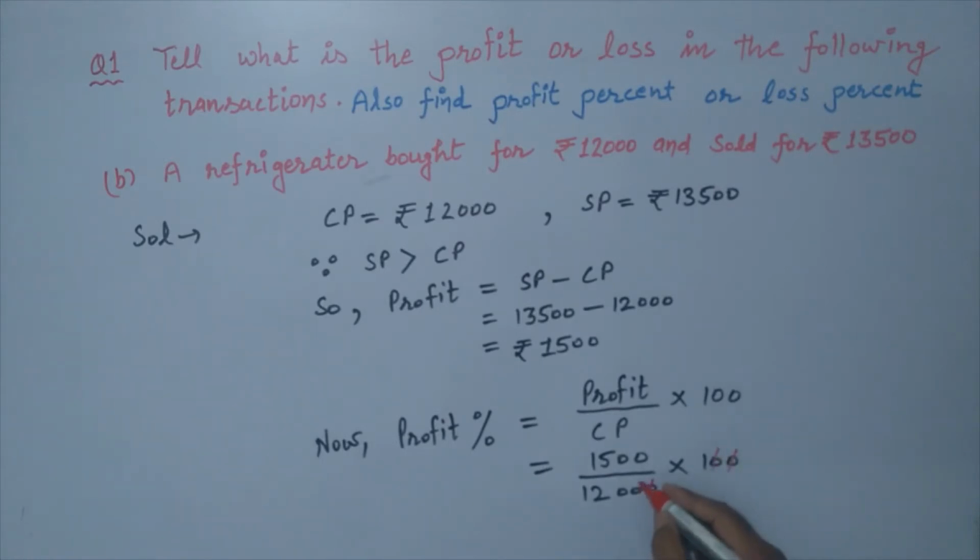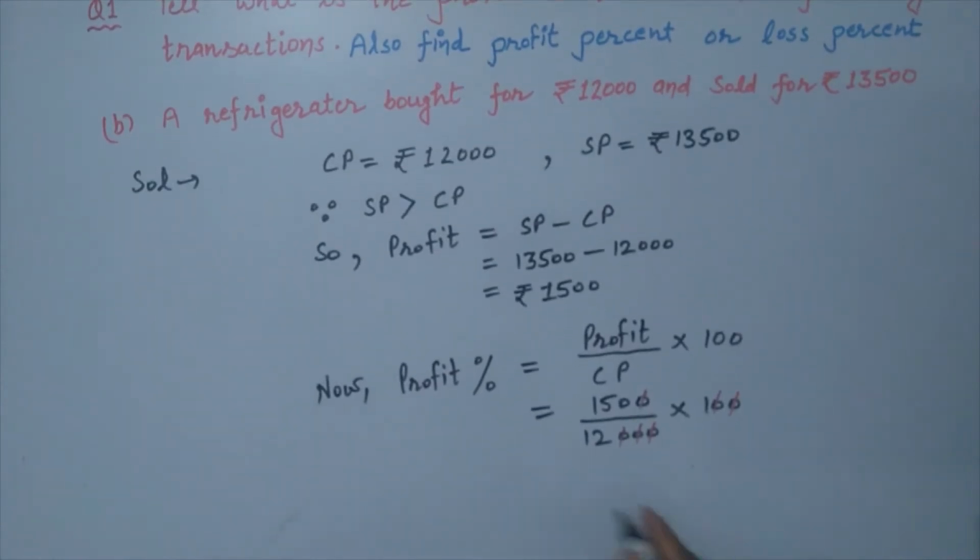Now what happens? 0 0 cancelled, this 0 cancelled here. So now what to do? We are left with 150 divide 12, right?